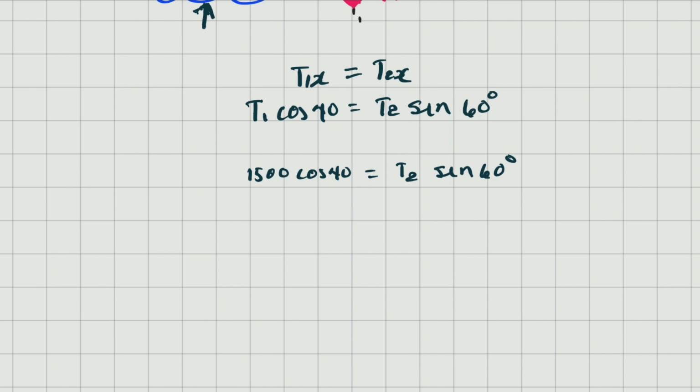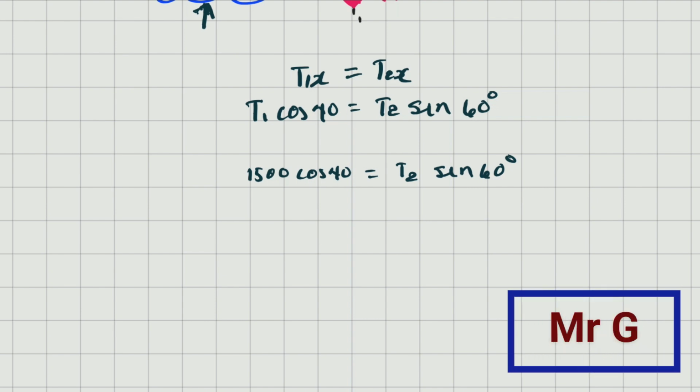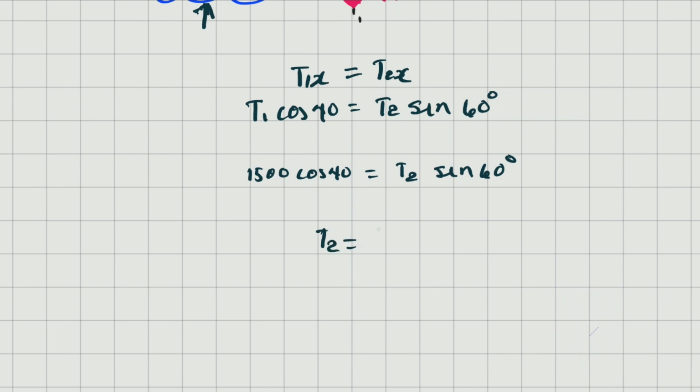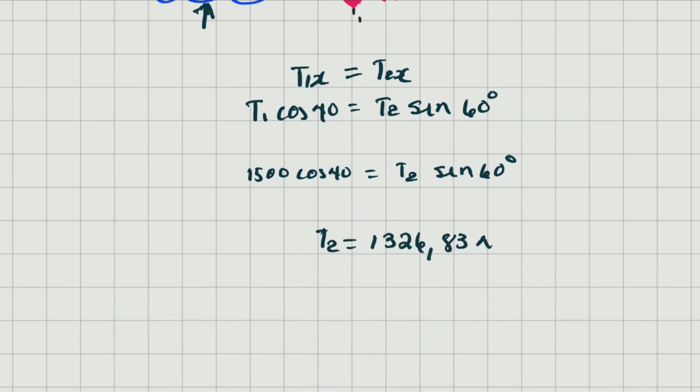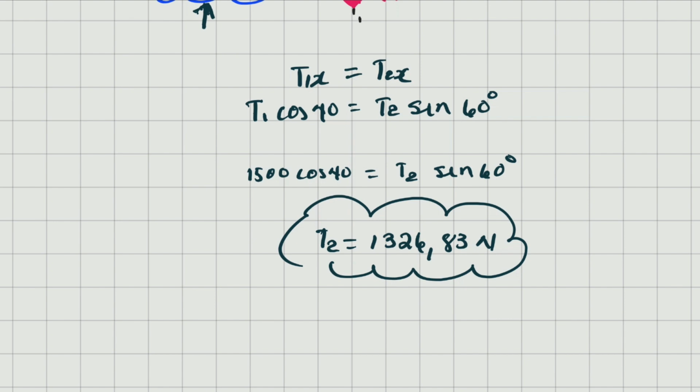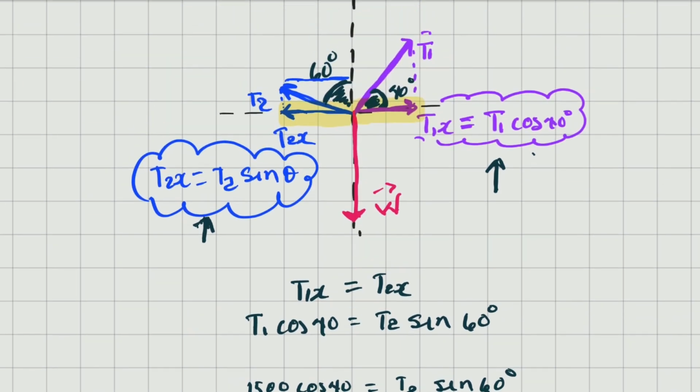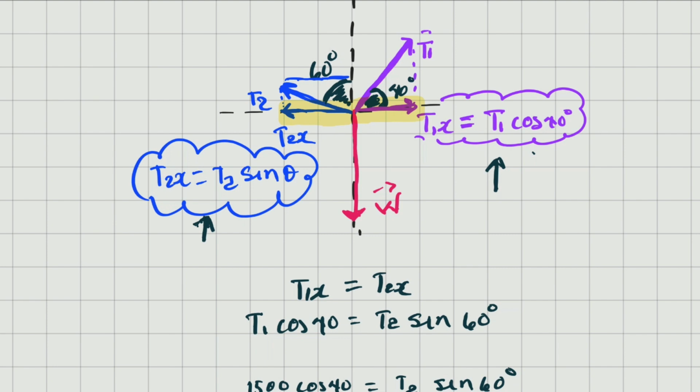This is just simple maths that you are going to calculate. Then T2 is equal to 1,326.83 Newton. We are done. This question could be tricky, but the only tricky thing is to notice that these are equal.